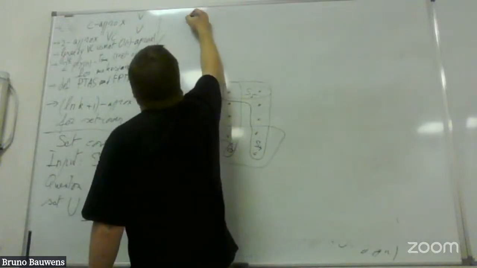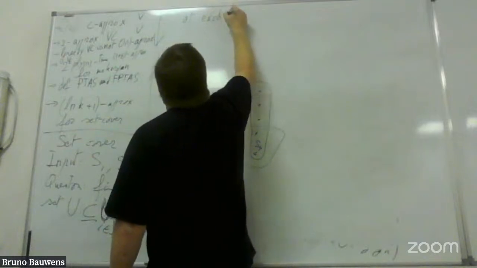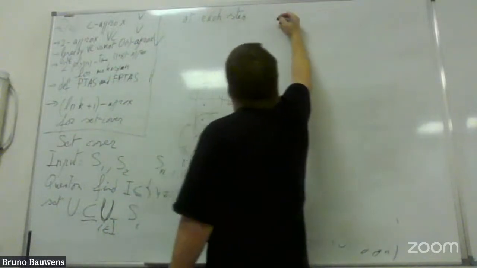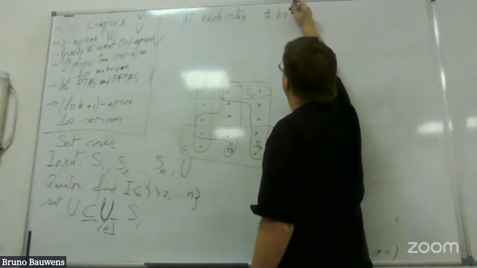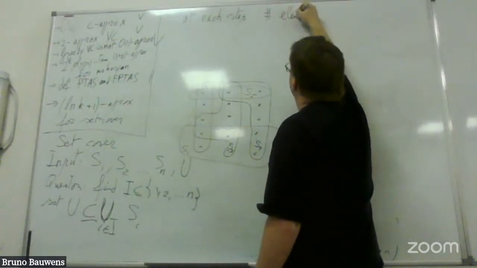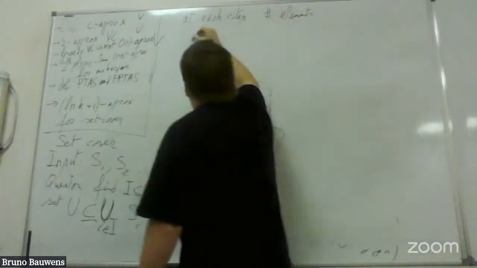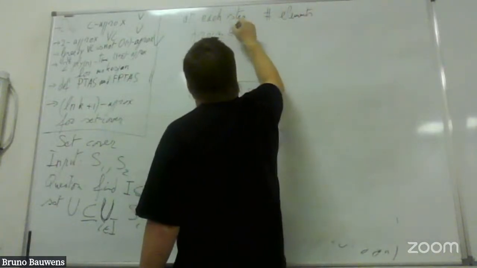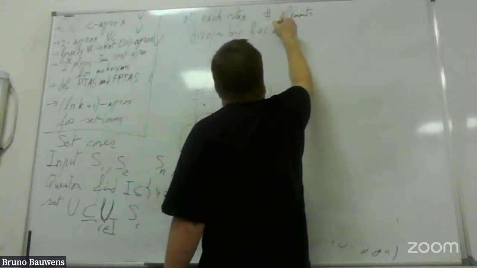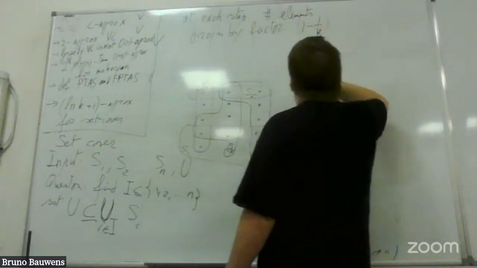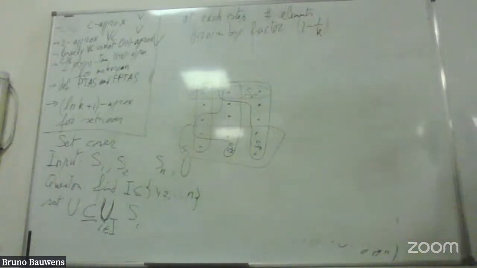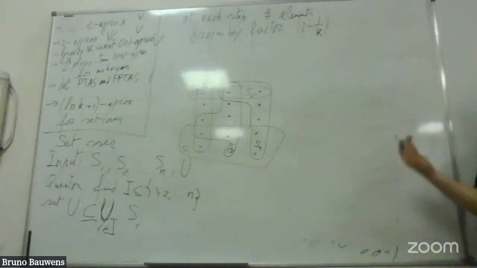So at each step, the number of elements drops by a factor 1 minus 1 over k. So why is it true on the first step?